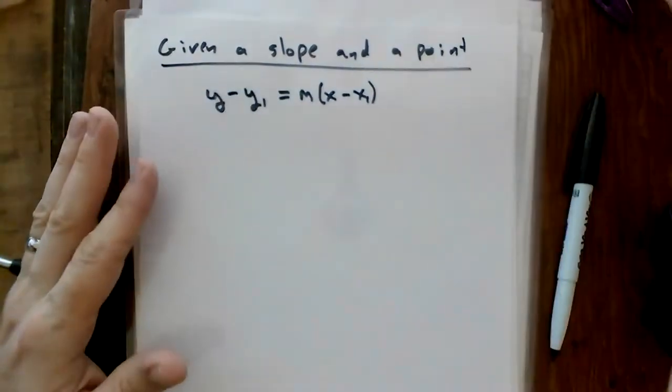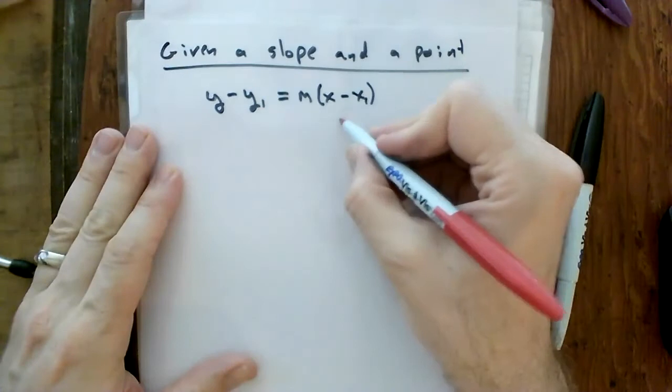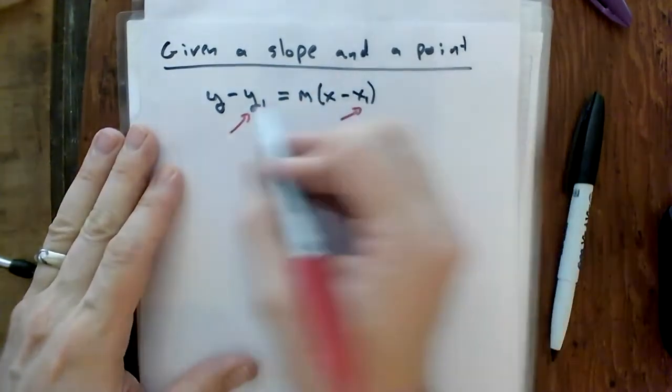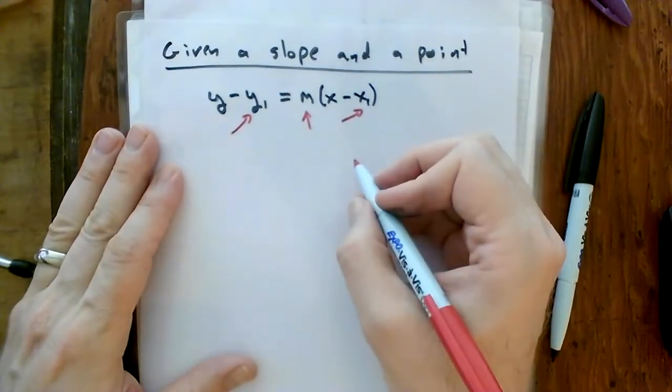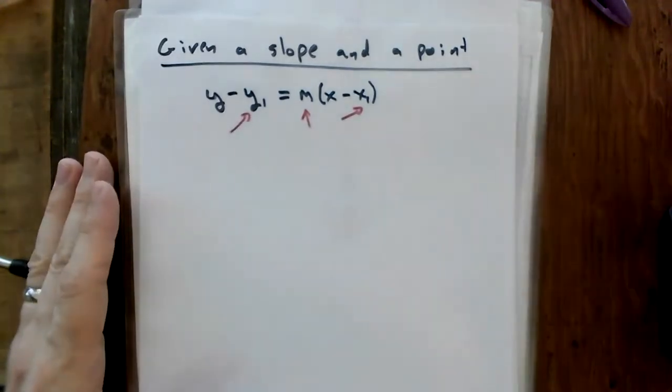And the things that we're going to plug in here are only the point, so the x1 and y1 are from the point, and the slope. So let's go ahead and give us an example here.